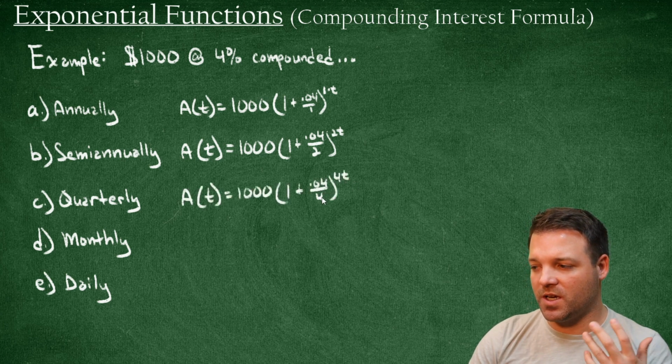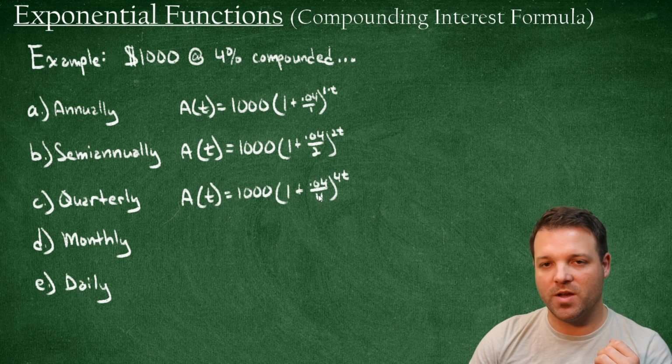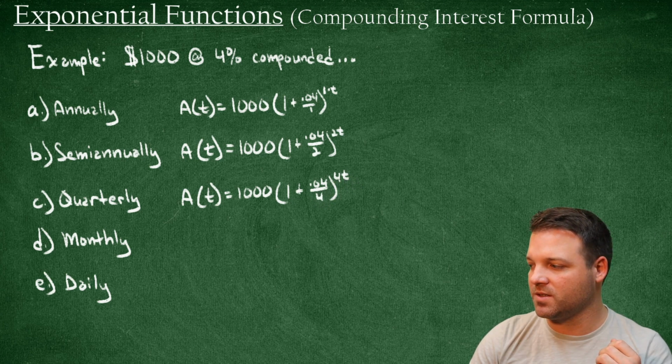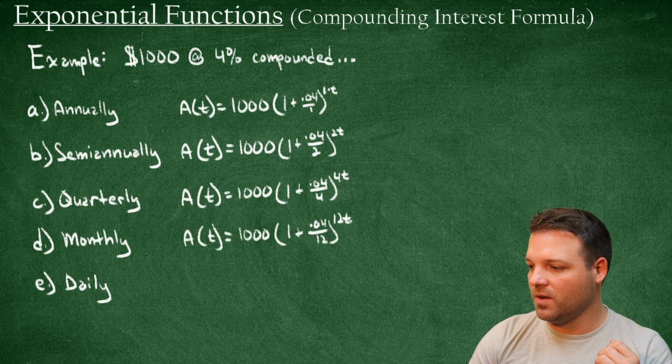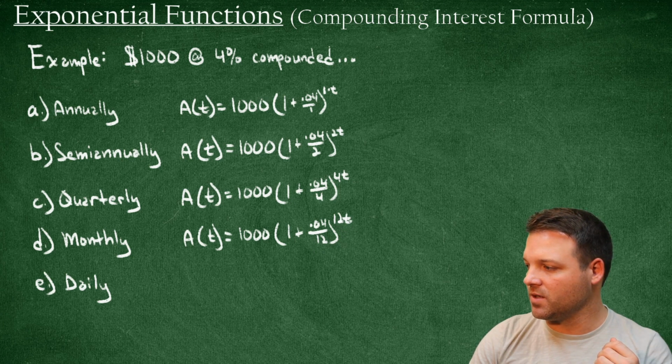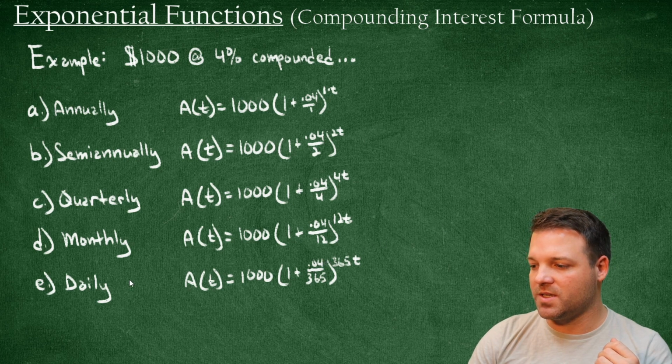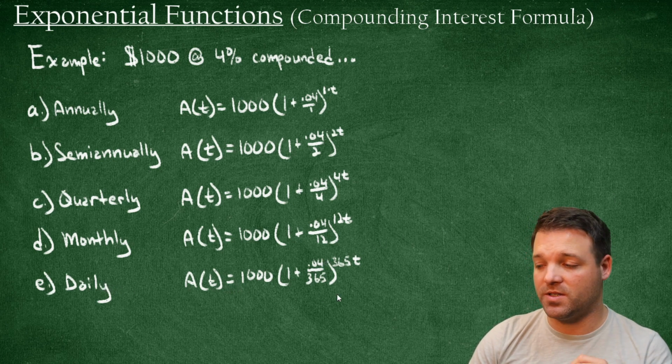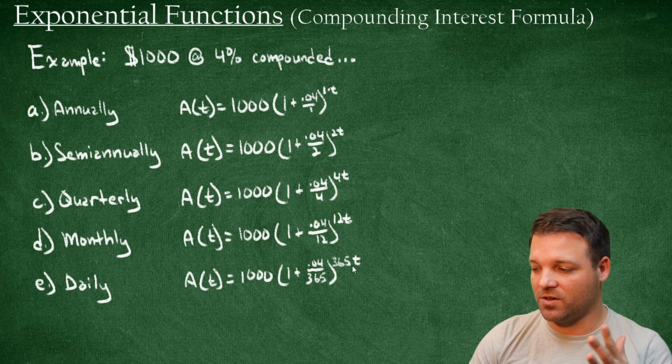Quarterly, of course, we actually just did that one, is 4 times per year, so divide the rate by 4, and then also multiply the time period by 4. Monthly is going to be 12 times, so divide the rate by 12, and then multiply your exponent by 12, your timeline, your time increments. And then, of course, daily is going to be 365, which is our rate divided by 365, some kind of crazy decimal there.